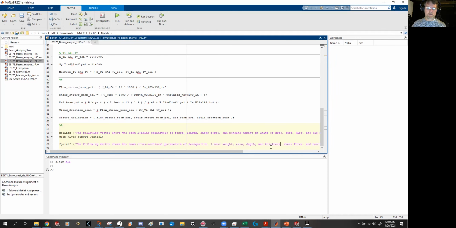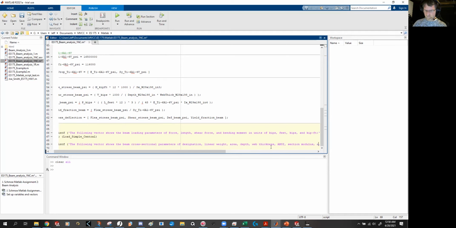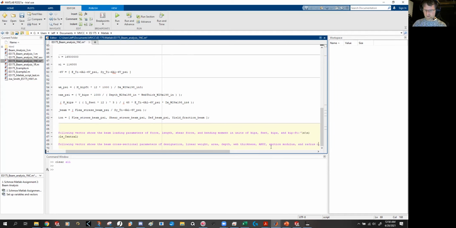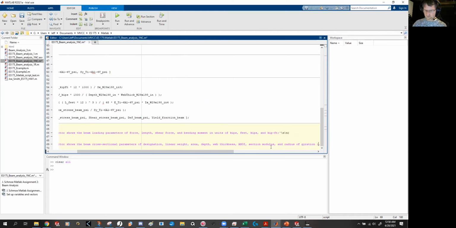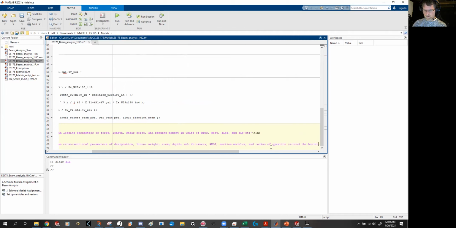So it's all description. AMOI, section modulus, and radius of gyration around the horizontal neutral axis.